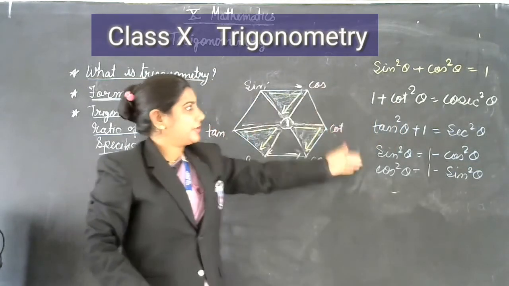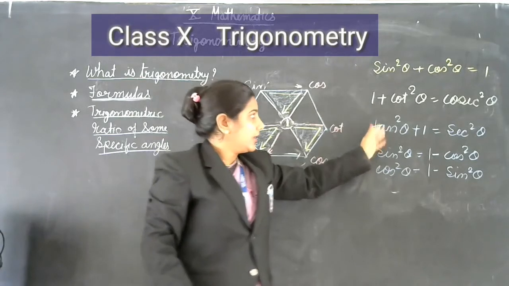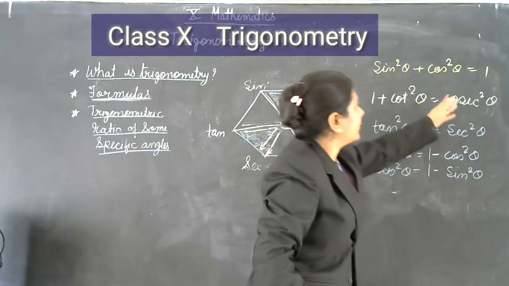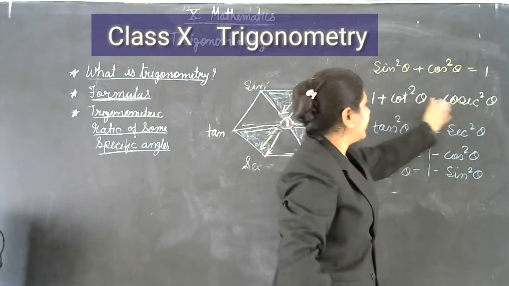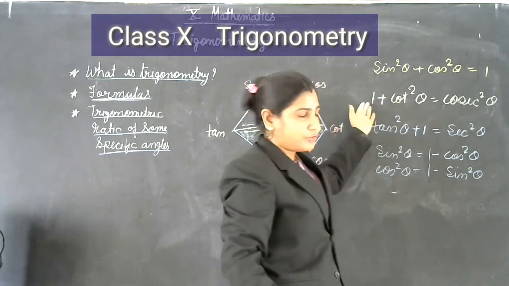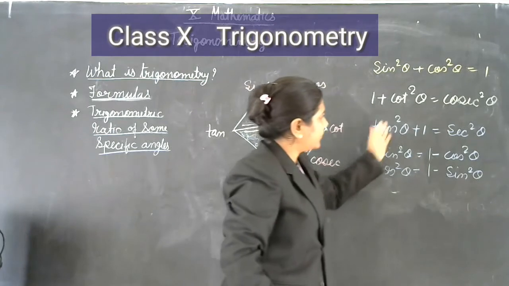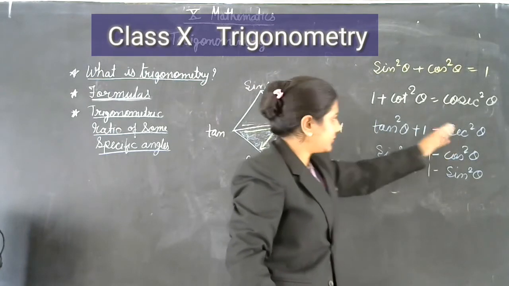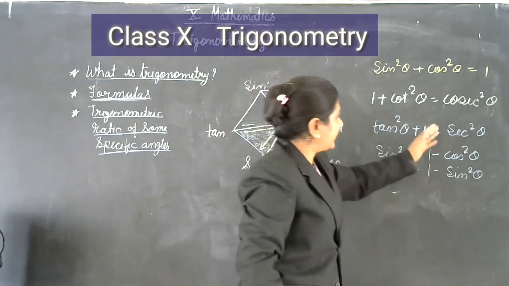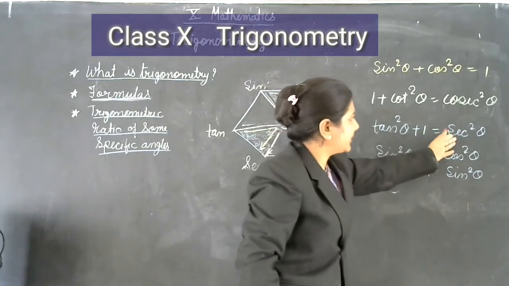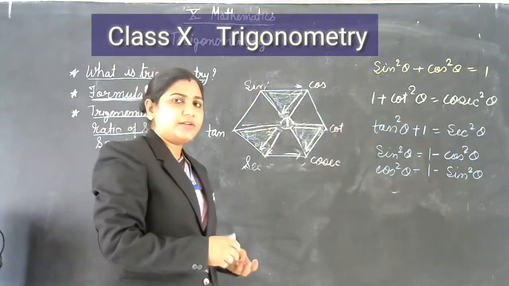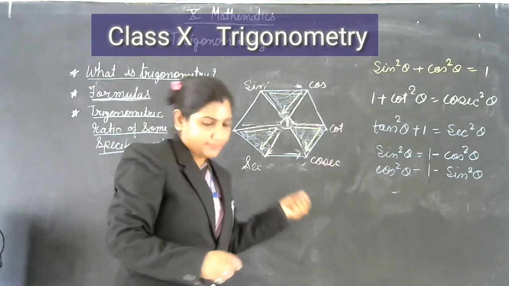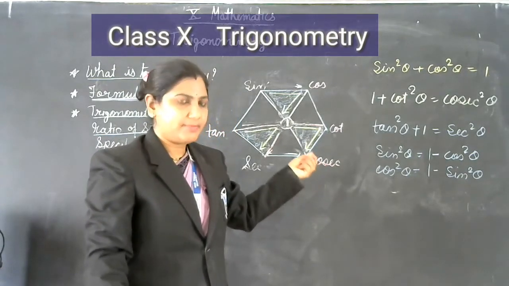Likewise, cot square theta equals cosec square theta minus 1, or cosec square theta minus cot square theta equals 1, and tan square theta equals sec square theta minus 1, and sec square theta minus tan square theta equals 1, which we use in exercises and in other applications also.